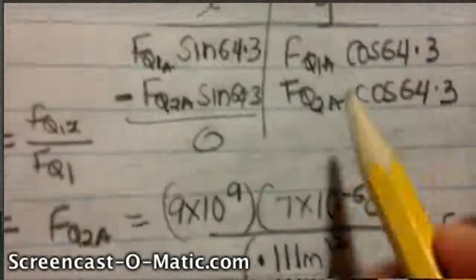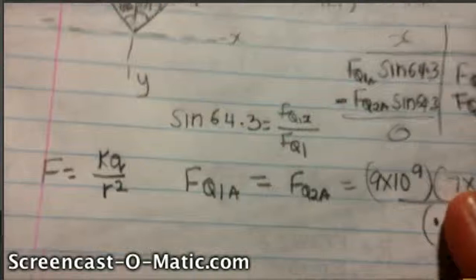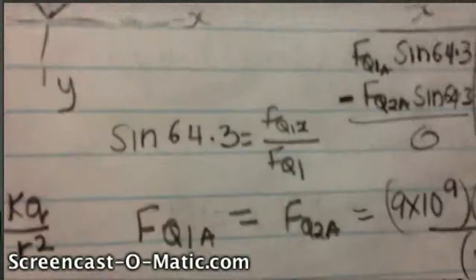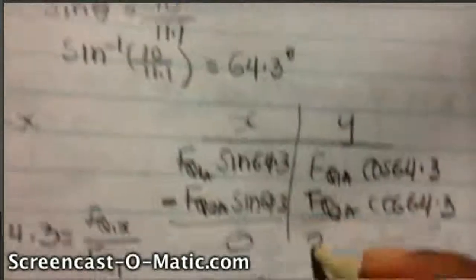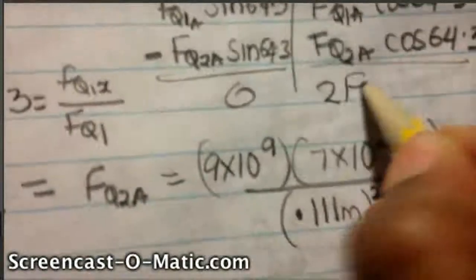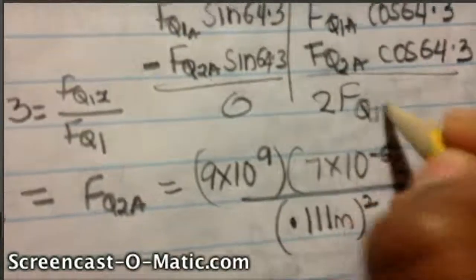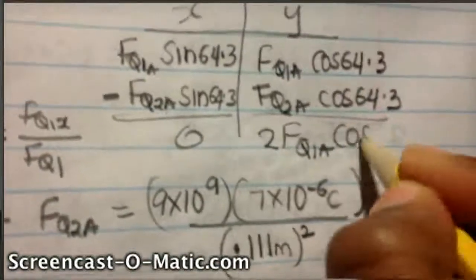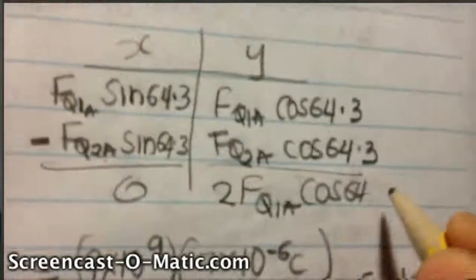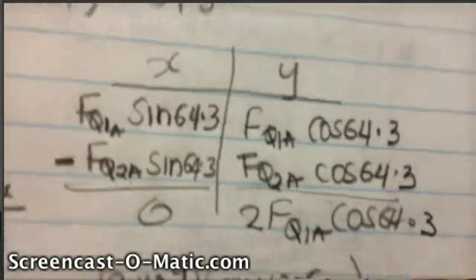And for the y component, we have to solve for that. But if you notice, this is just 2 times F of Q1 on A times cosine of 64.3.